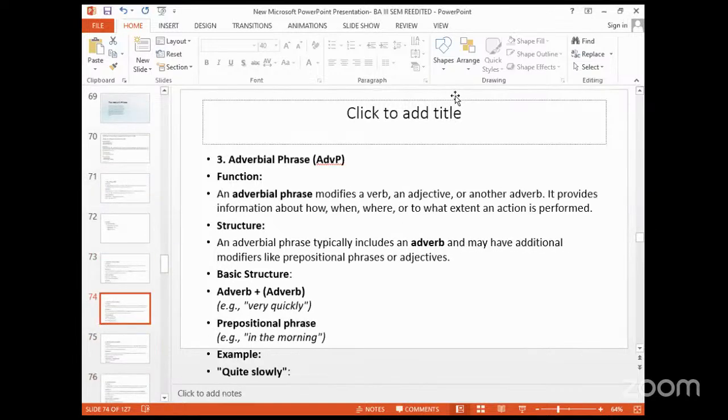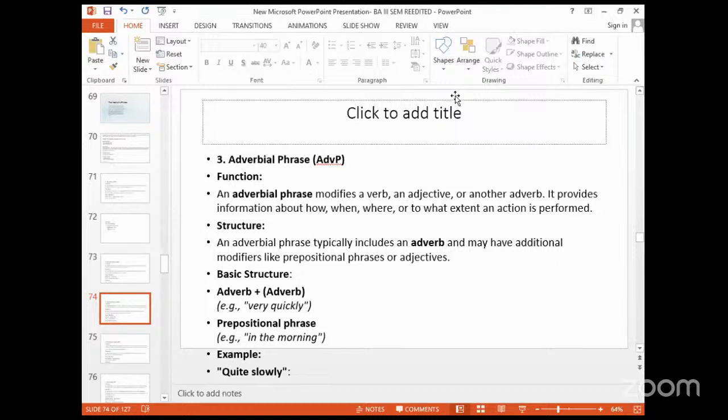Next, we have the adverbial phrase. The function of an adverbial phrase is to modify a verb, an adjective, or another adverb. It provides information about how, when, where, or to what extent an action is performed. As for the structure, an adverbial phrase typically includes an adverb and may have additional modifiers like prepositional phrases or adjectives.